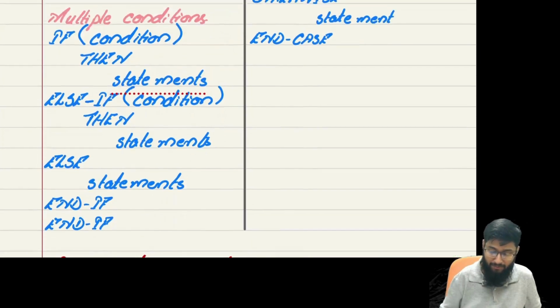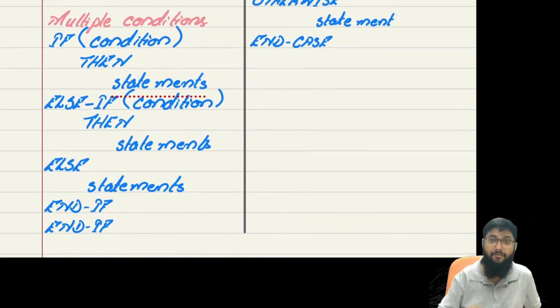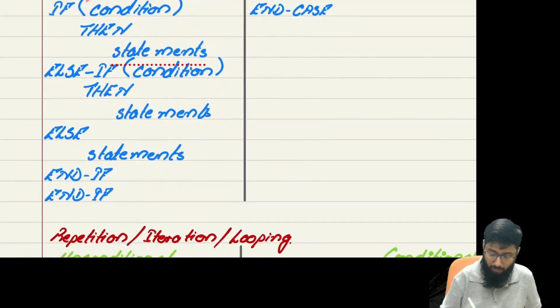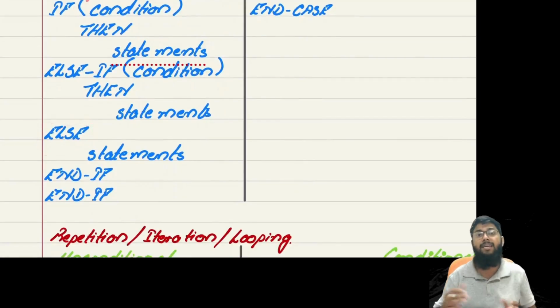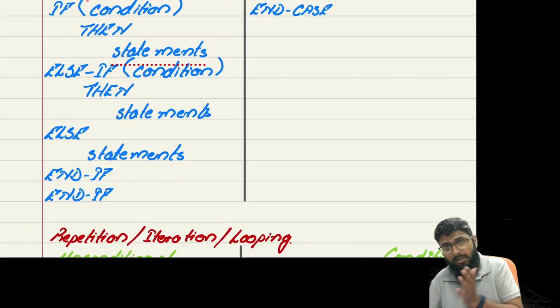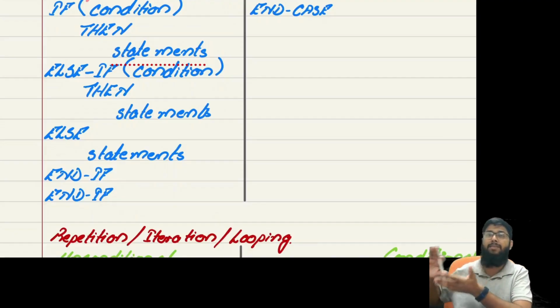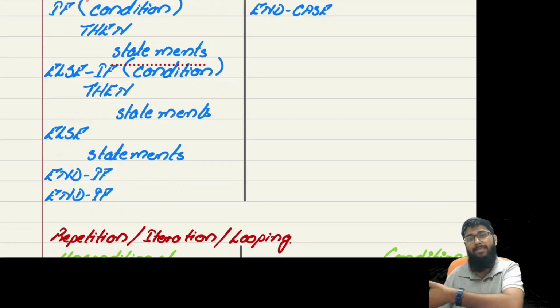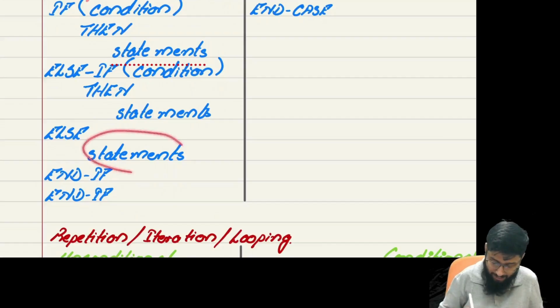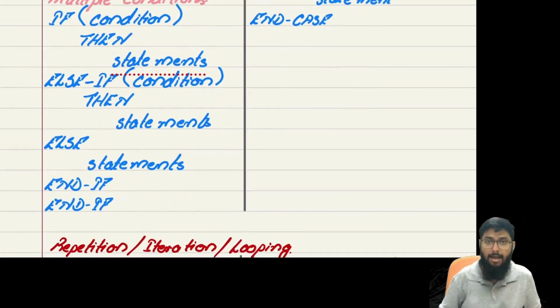Do remember that we need to put the condition with the if and else if, but we do not need to put a condition with the else, because it's understood that if all the conditions are not fulfilled, that will be the else condition, the otherwise case. Finally, you need to place an end if for the if condition as well.